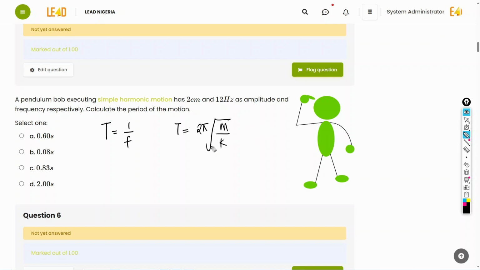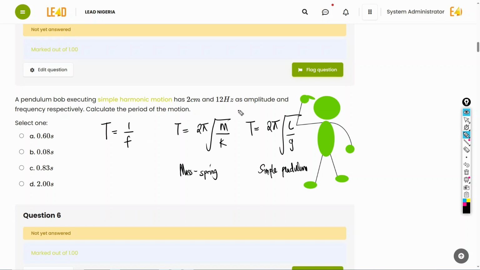Oh, there's a third one actually. This one is for a mass spring system. The third one is that T is equal to 2 pi root L over g. This one is for a simple pendulum. You need to know all three formulas.